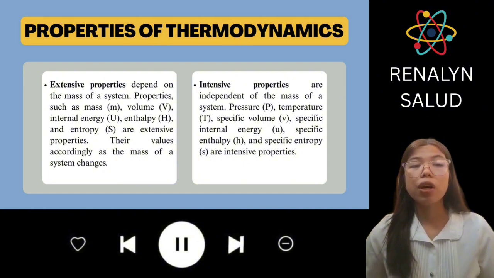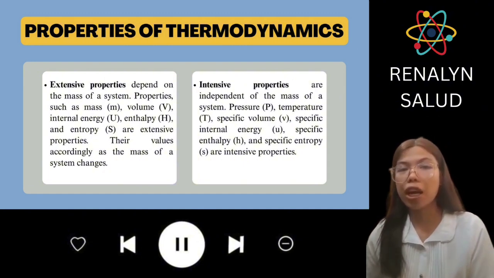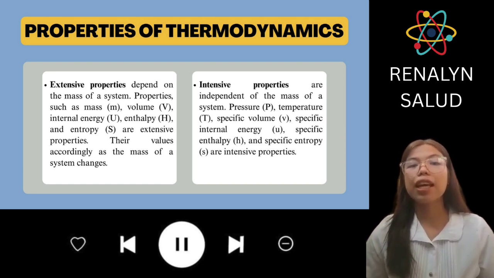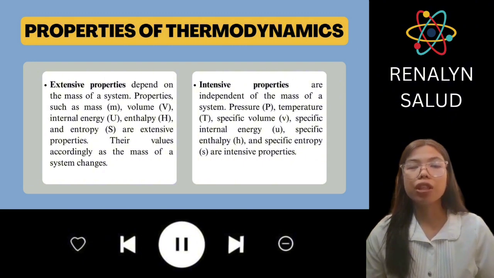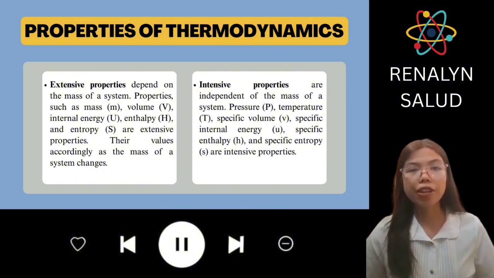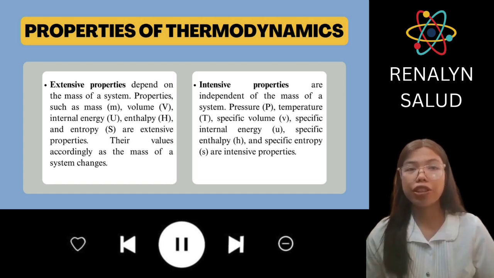Of course, pressure is force per unit area, and temperature measures the average kinetic energy. Specific volume is volume per unit mass, and specific internal energy is internal energy per unit mass.